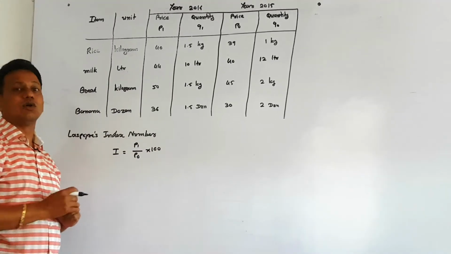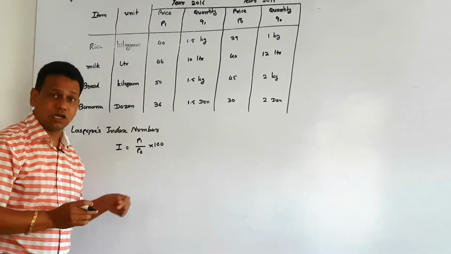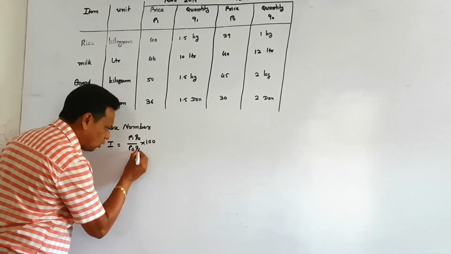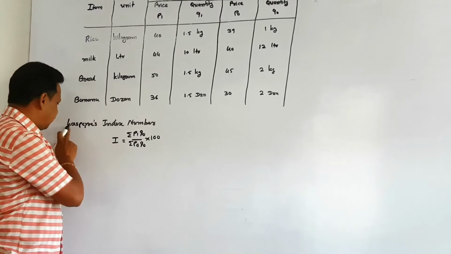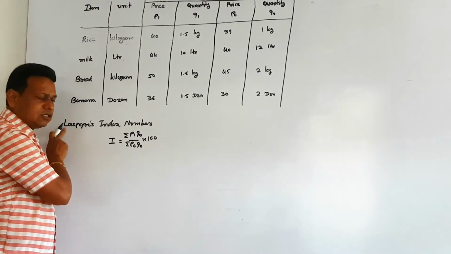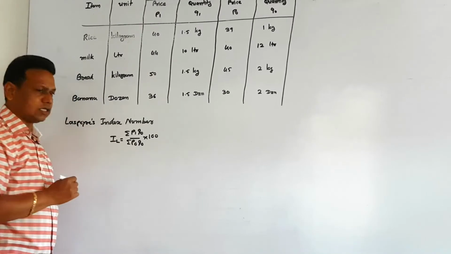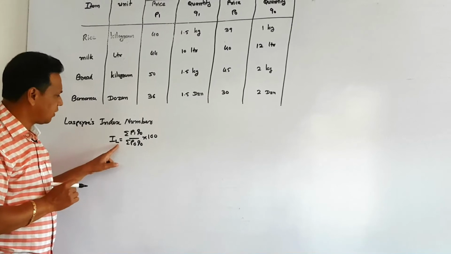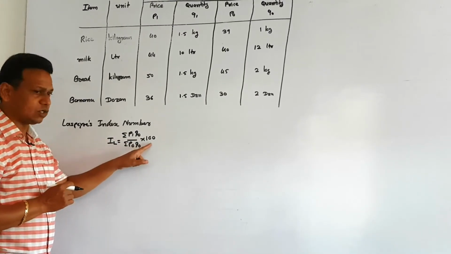This is your original formula, but Laspeyres gives importance to the quantity of the base year. So we introduce Q0 here and take the summation sign. The first letter of Laspeyres is L, so it has to be written next to I in small letters. So it is called the index number of Laspeyres. And the very simple formula becomes the sum of P1 Q0 divided by the sum of P0 Q0 into 100.